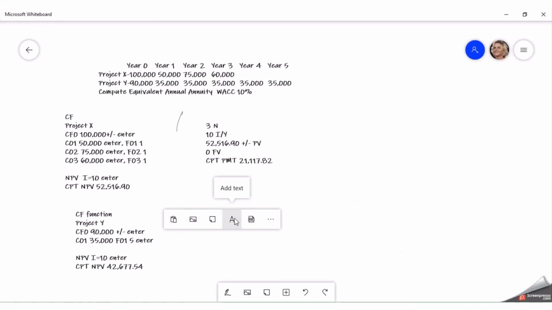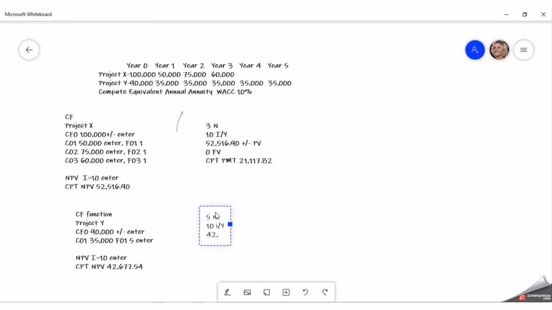So then we're going to come over here. And then we're going to do the same thing. So now project Y, though, is a 5-year project. So our N is a 5. The I/Y is still the cost of capital, so that's 10.